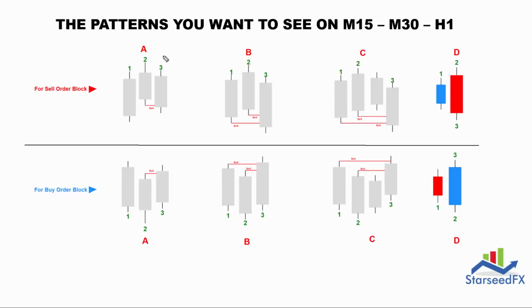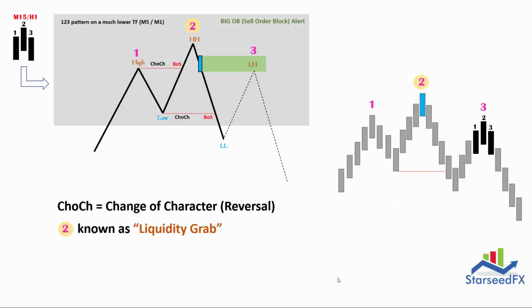If this 1, 2, 3 pattern is looked at on a much lower time frame, in the form of many candles, not just three, it usually looks like this. You may have heard some people in the group call it a CHoCH, or change of character. Others call this number 2 over here a liquidity grab. You can call it anything you want, there is nothing wrong with that, but to me it is just a price pattern.